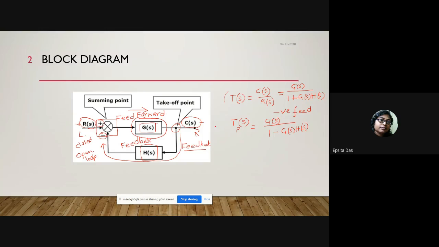Okay, so this is the formula for the overall transfer function for positive feedback, and the earlier one is for negative feedback.